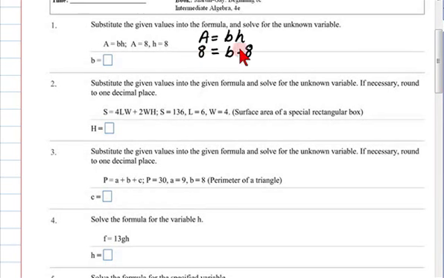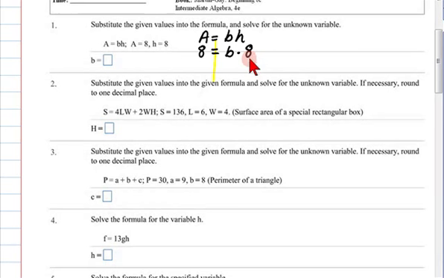Now this looks weird. I've got my equation, and I don't have any fractions, I don't have any simplifying to do, I don't have variables on both sides. I look over here to the right-hand side. Now, what's going on between the B and the 8? What operation? Multiplication. That means that 8 is the coefficient of B. But I don't like it on the right-hand side.